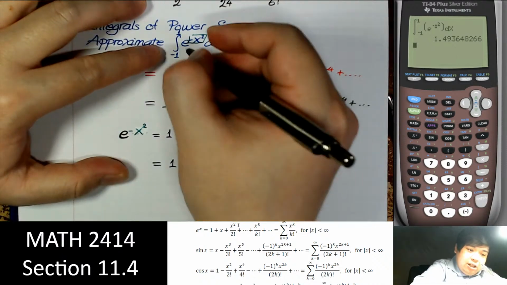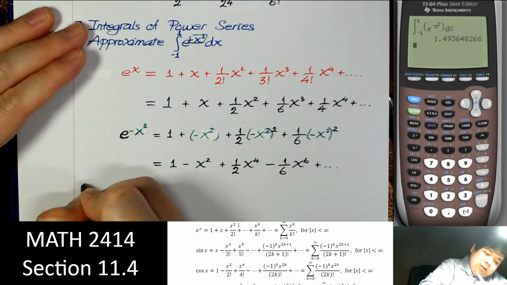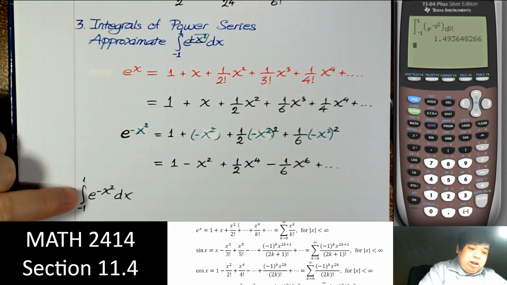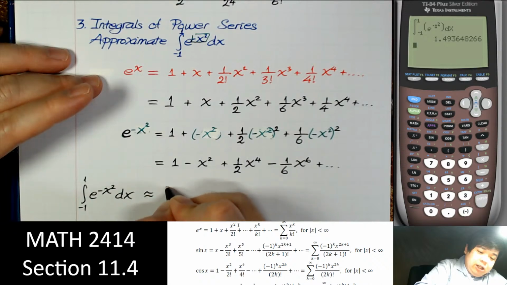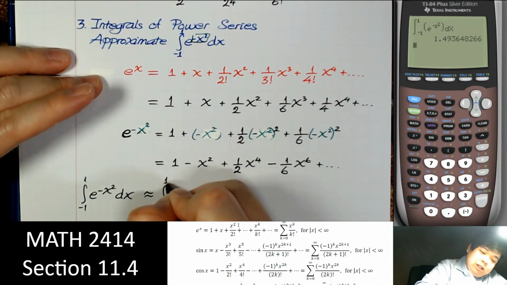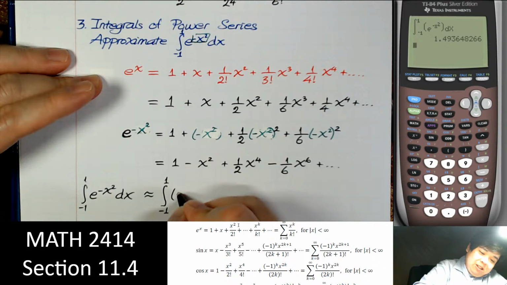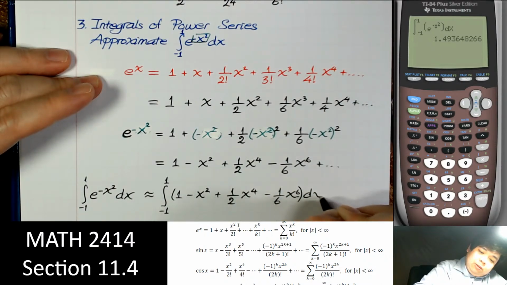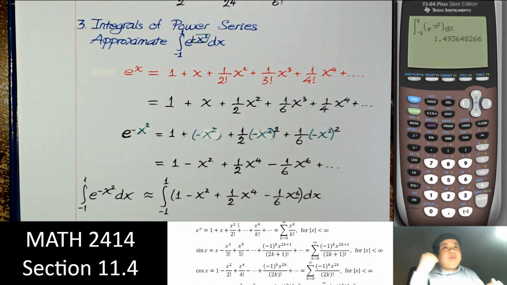Now instead of integrating that one, approximately we can just integrate this. So that's the idea. If we cannot integrate the function, just find the series and do the approximation. Let's see how it works.